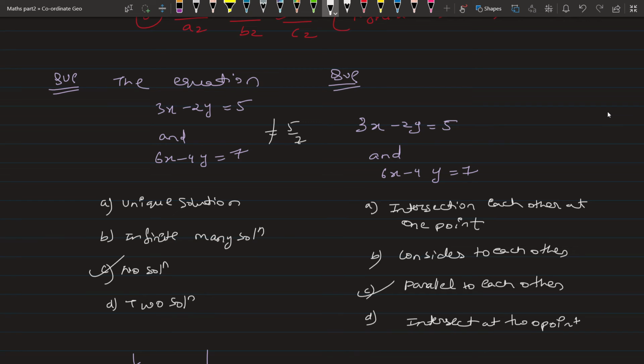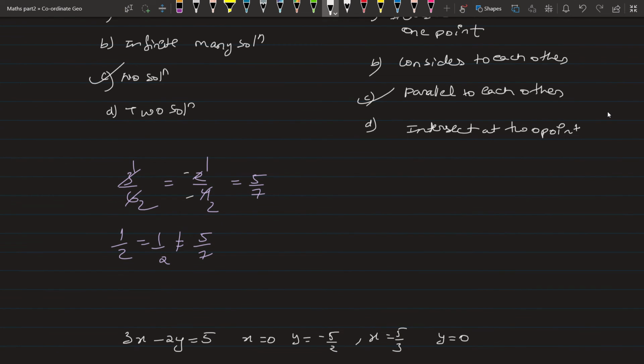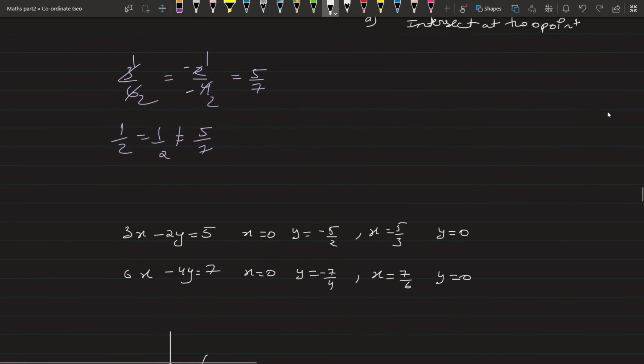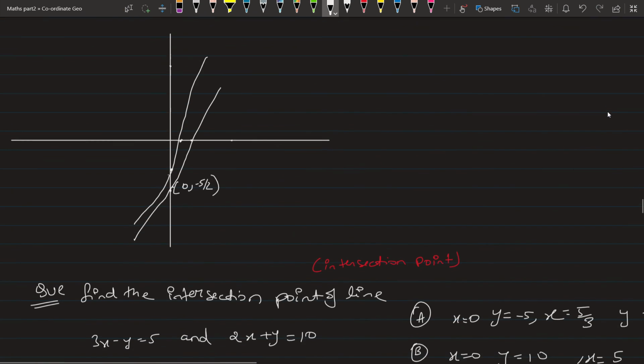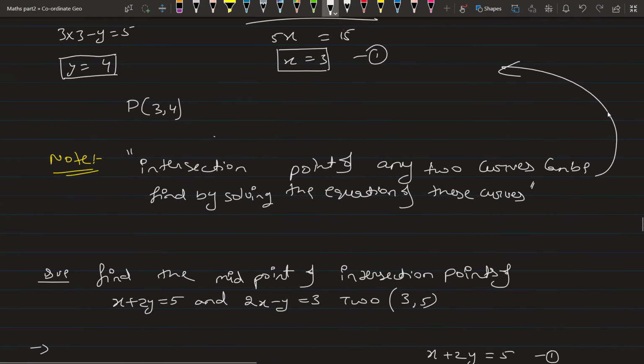So it will not be equal to 1 by 2. So in this case, there is no intersection point. The lines will be parallel to each other. You can check the solution below also. So you can try these questions at home, the intersection points questions.